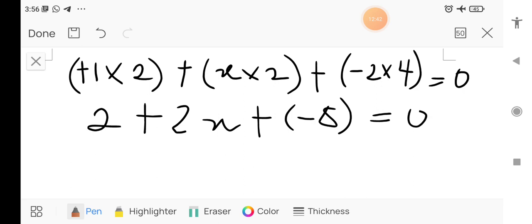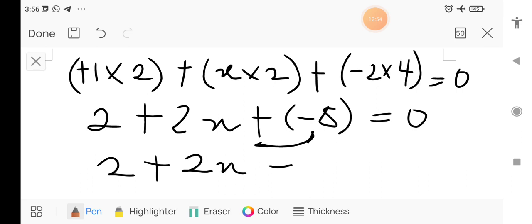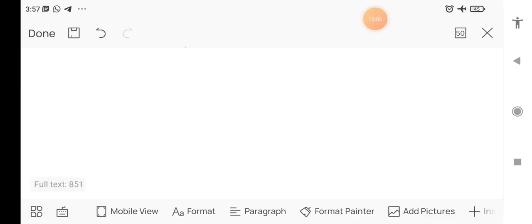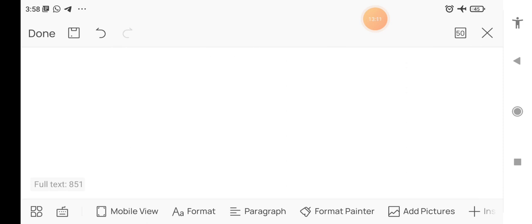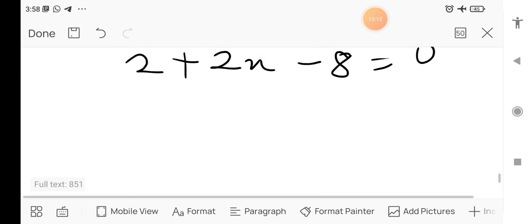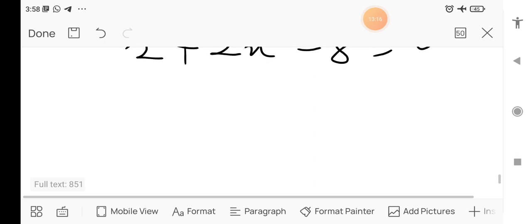And we know that minus times plus is minus. So this becomes 2 plus 2x minus 8 equals 0.